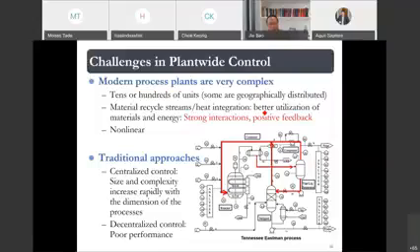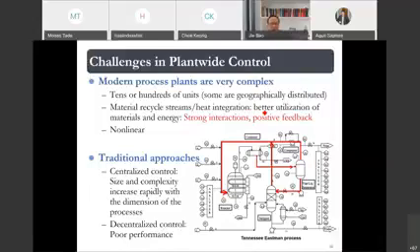And in the industry, people also use decentralized control approaches. One of the ways to do that is we divide the plant-wide process into many subsystems, and we have one controller that controls each subsystem. The problem of these decentralized control systems is that often they do not have much communication among them.